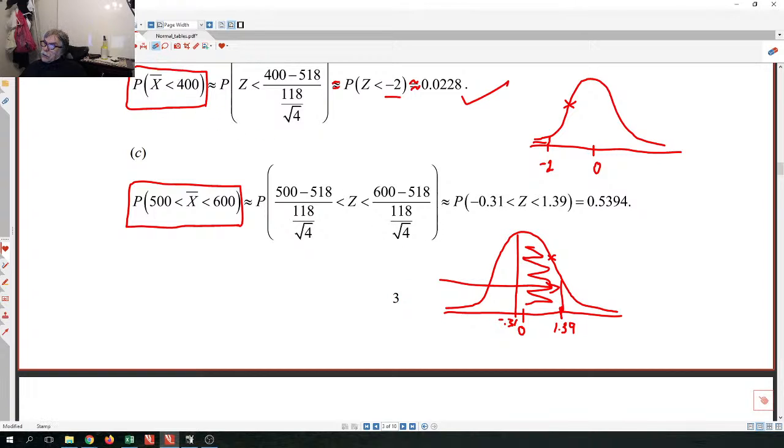Okay, so this bigger left tail is up to 1.39.